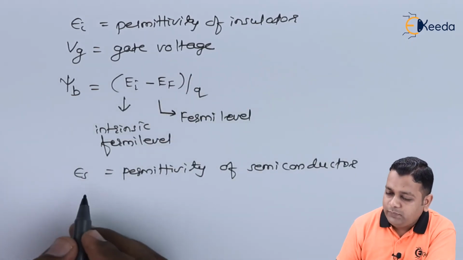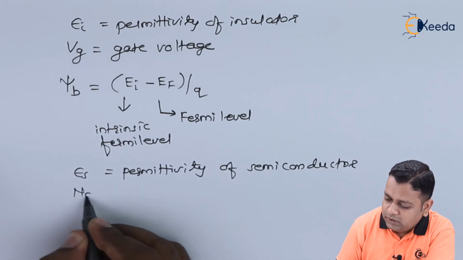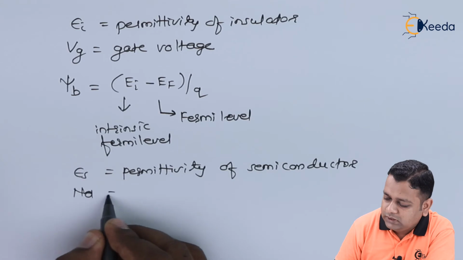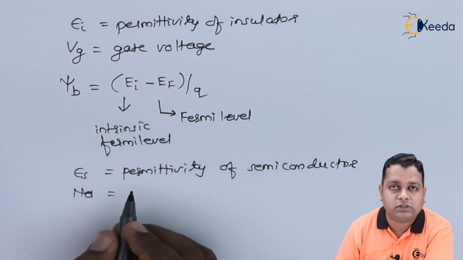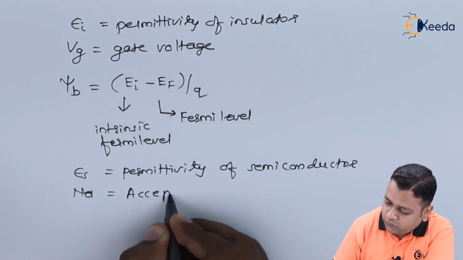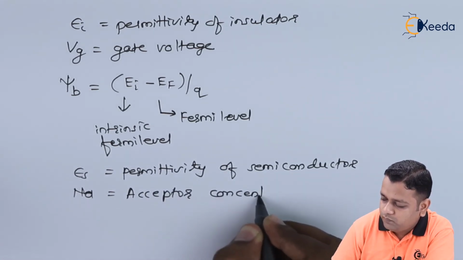Now after epsilon suffix s, we have the representation of n suffix a here. So n suffix a represents the concentration, this time for the acceptor concentration.